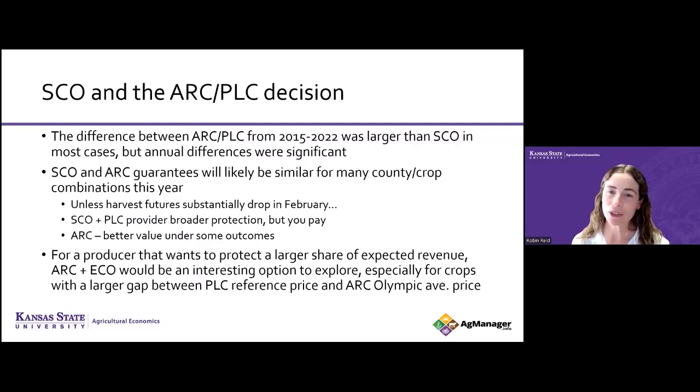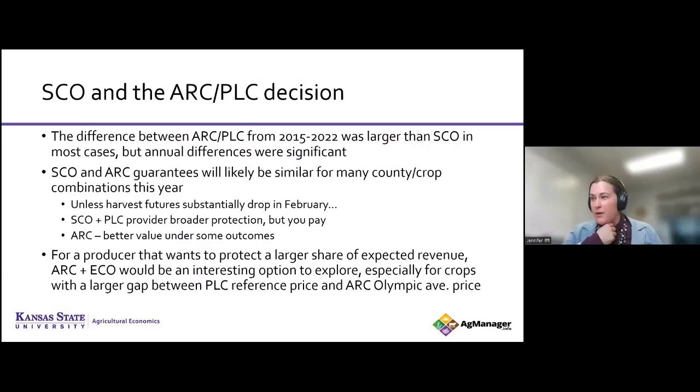Those are also trend adjusted, but likely what you have for your own individual APH will be different than your ARC County yield guarantee. So that's something you can look at the tool and compares your APH against that ARC County benchmark. Yeah, that's a good point.